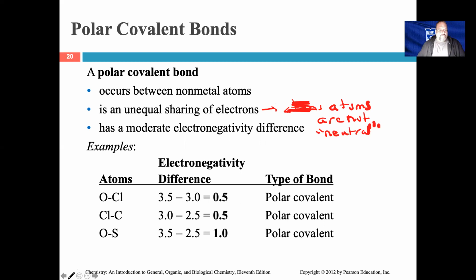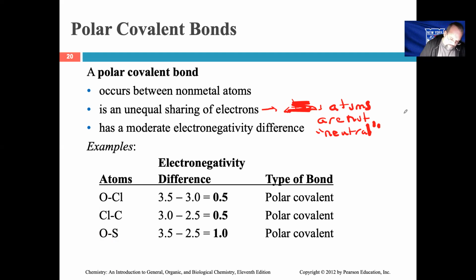And we're going to talk in a few moments about what type of charges the atoms have in a polar covalent bond. But the biggest thing to remember here is that the atoms are not technically neutral.